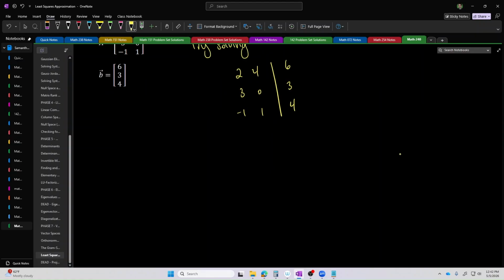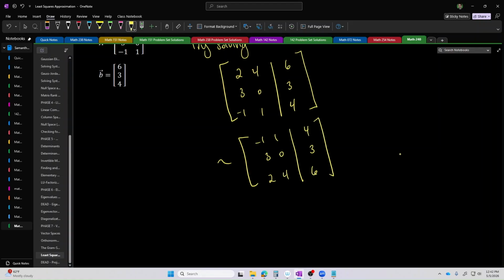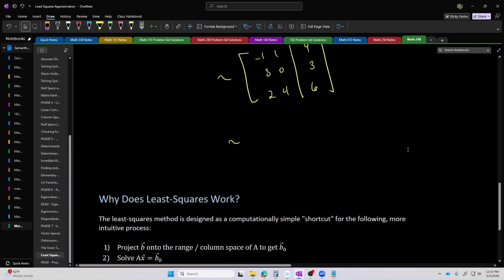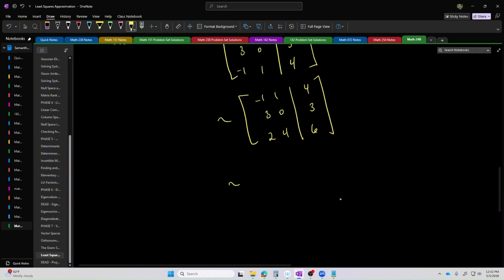And I could, for example, do some row swapping to push that negative 1 up into the top position. And then I could do some row replacement. I could, for example, add 3 copies of the top row into the second row, and that would eliminate that 3 underneath the pivot. I could add 2 copies of the top row into the second row, giving me 0, 6, and 12 plus 6, 18.